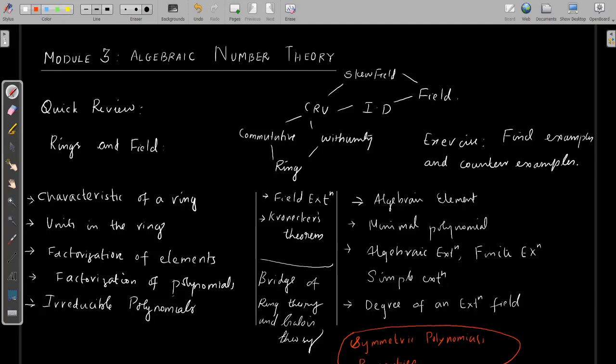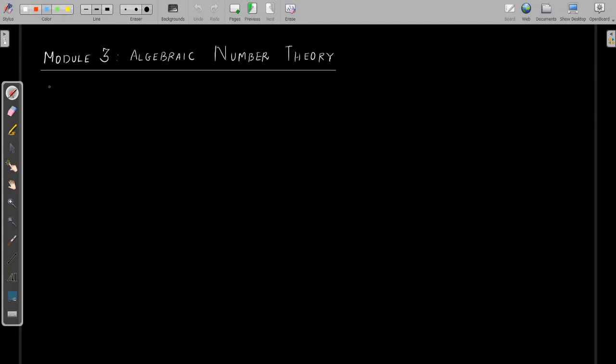Chapter 1 contains some discussion about symmetric polynomials, and it also contains the idea of modules. A module is a vector space over a ring rather than a field. So we are considering all the axioms of a vector space over a ring instead of a field. So you must go through all these topics in chapter 1.